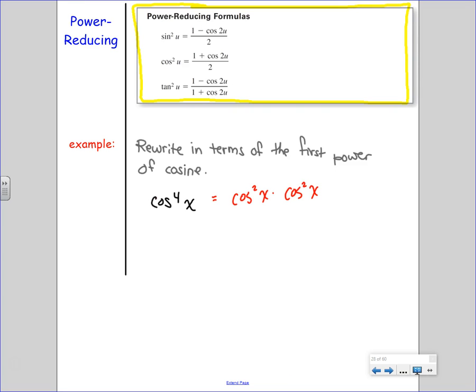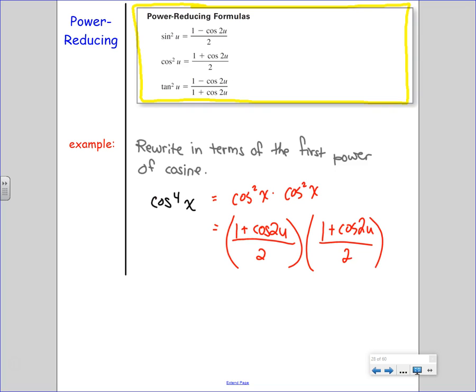Was it enough just to plug in for cosine squared times cosine squared? No. Because I said, will the result, when multiplied out, give you still a cosine to the highest power of 1?